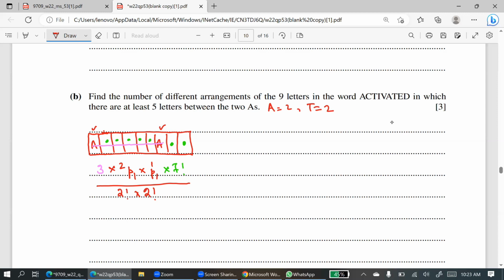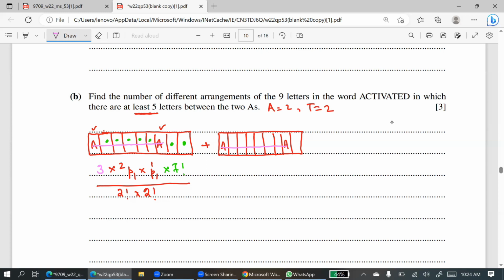Now the condition is there are at least 5 letters. There may be 6 letters between the 2 A's. So we will draw the case for 6 letters. One, two, three, 4, 5, 6. In how many ways can we arrange this pink box in these boxes?